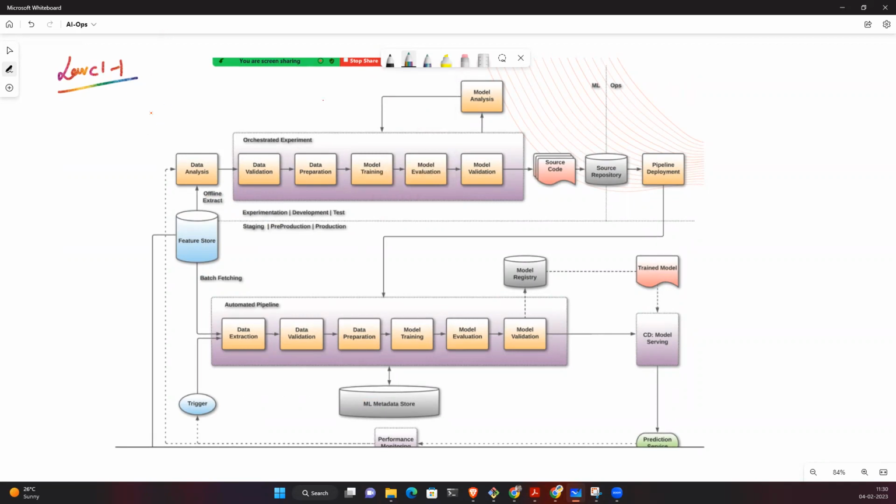Same thing. Whatever we did in level 0, we are doing the data analysis, data validation, data preparation, model training, model evaluation, model validation. Any question in this block? We are doing the same thing, right? Up to this point, there is no question at all. We are doing the same thing in level 1 as well.